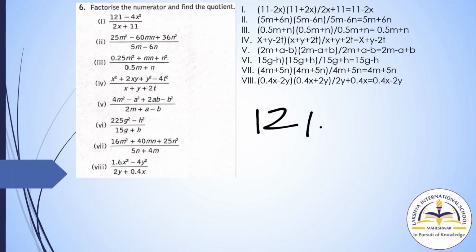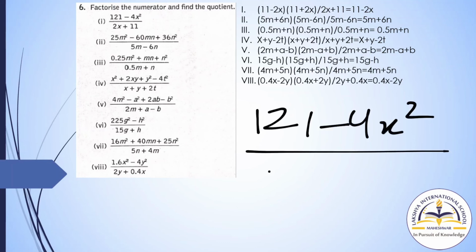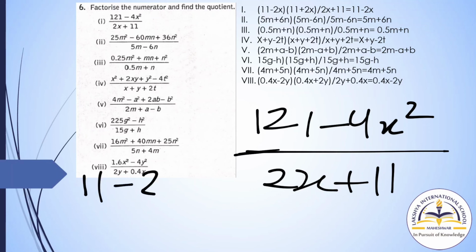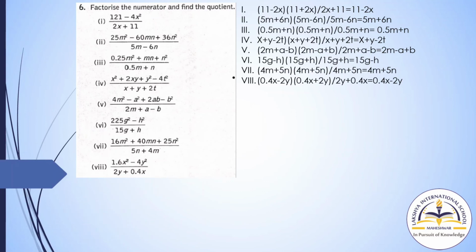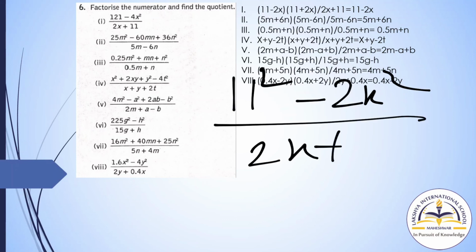Now you just see 121, this is 11 square, so we can write 11 square minus 2x square upon 2x plus 11.